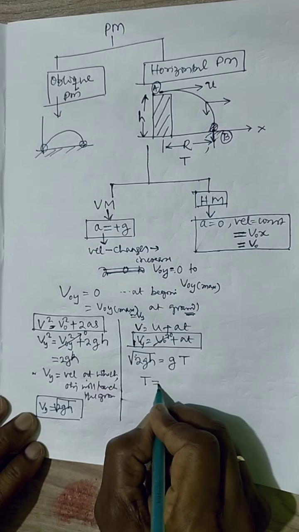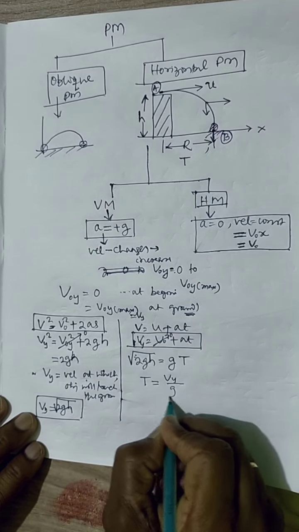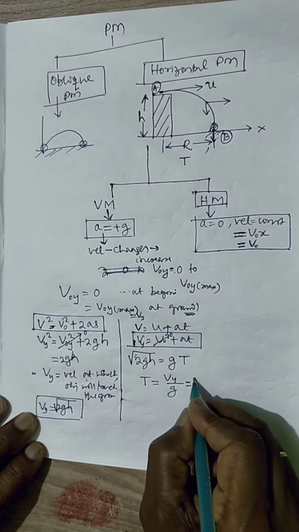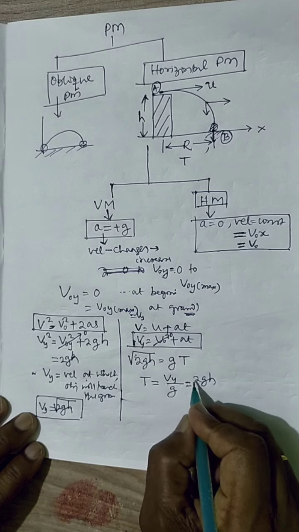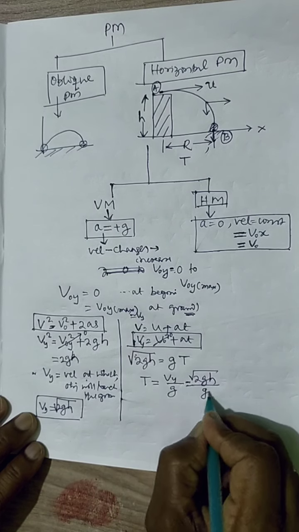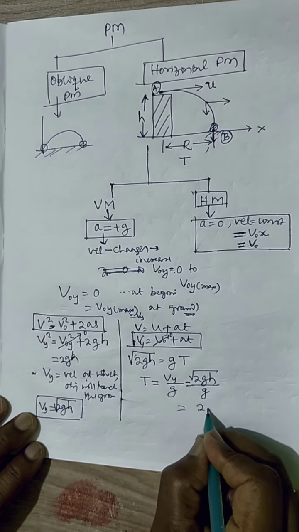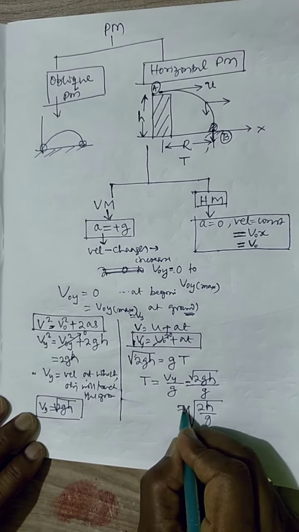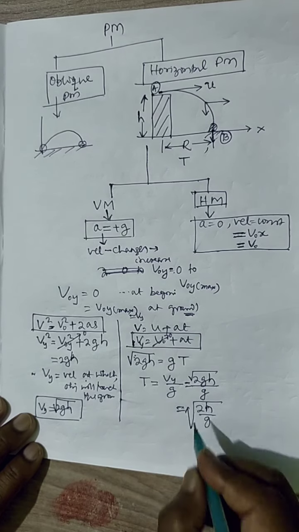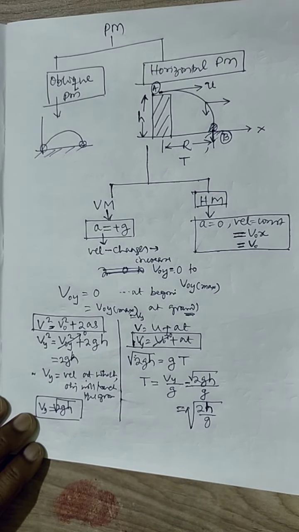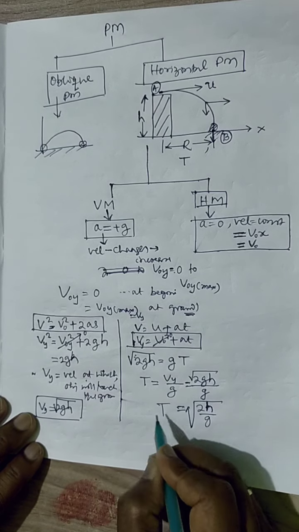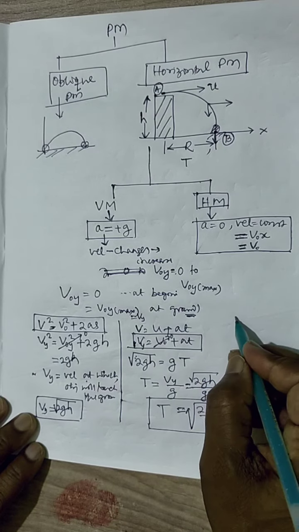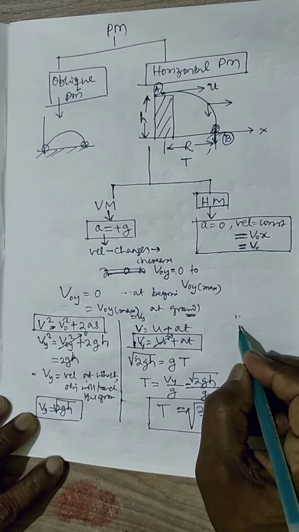Or t is equal to vy by g, or root 2gh by g, which is equal to under root 2h by g. This is the time it will take to touch the ground.